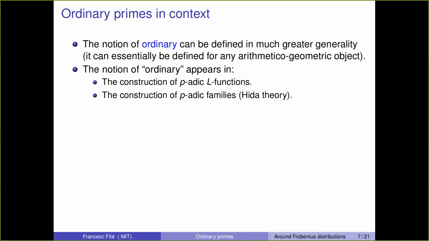When one constructs p-adic L-functions, one certainly distinguishes between the ordinary and non-ordinary cases. Or, for example, Hida theory is a theory for modular forms which are ordinary. But these are examples of local constructions, and you may argue that the abundance of primes is not really an essential part of the problem.